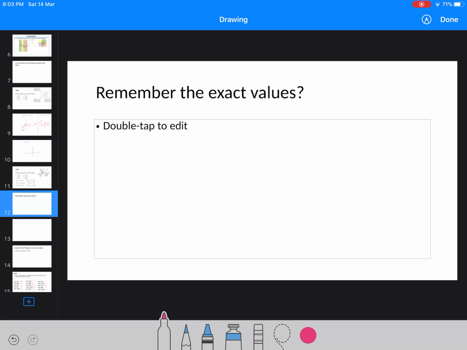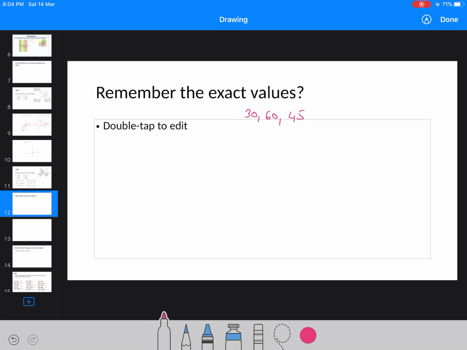Okay, so we reach the third part of chapter 6, which is how do I find exact values of angles with respect to their sine, cosine, and tan. And those values are 30, 60, and 45 degrees.